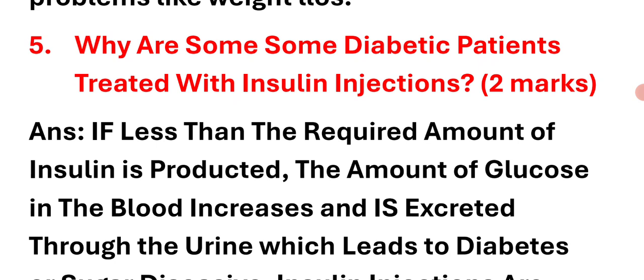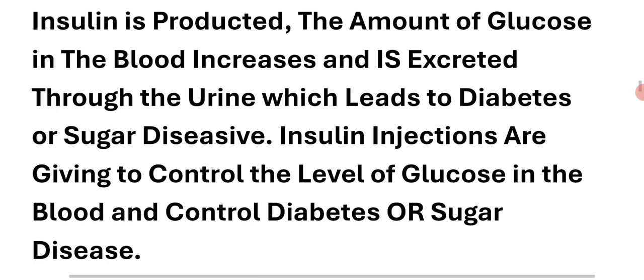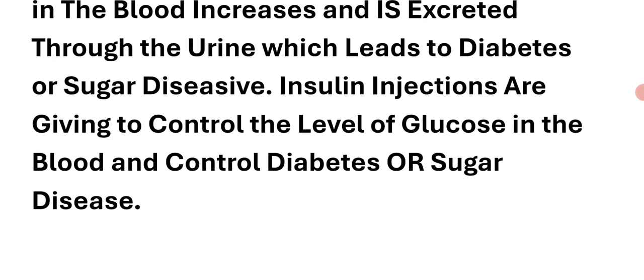If less than the required amount of insulin is produced, the amount of glucose in the blood increases and is excreted through the urine, which leads to diabetes or sugar disease. Insulin injections are given to control the level of glucose in the blood and control diabetes.